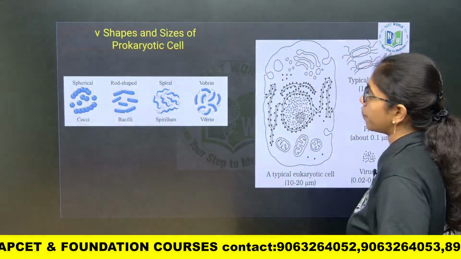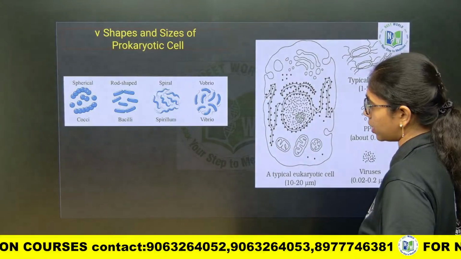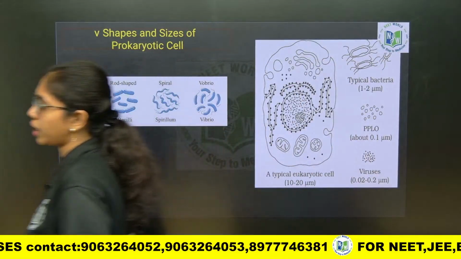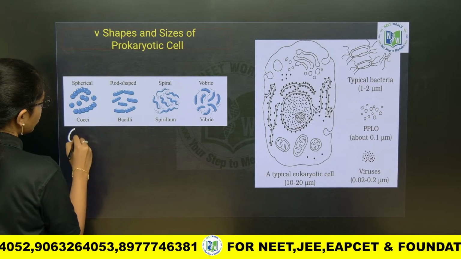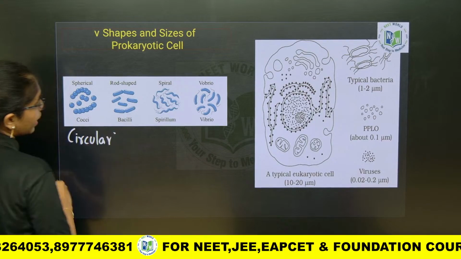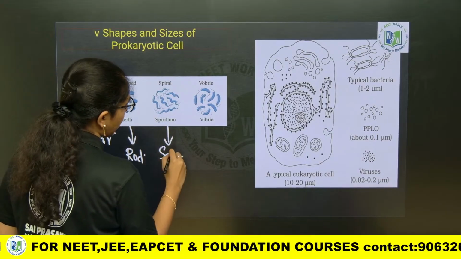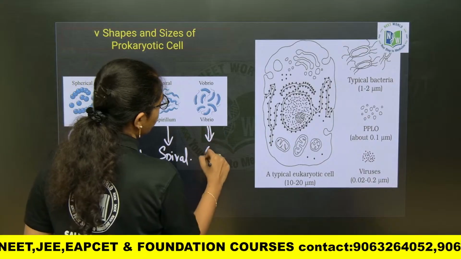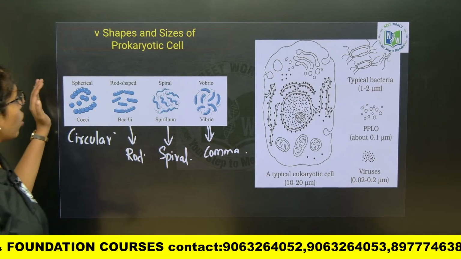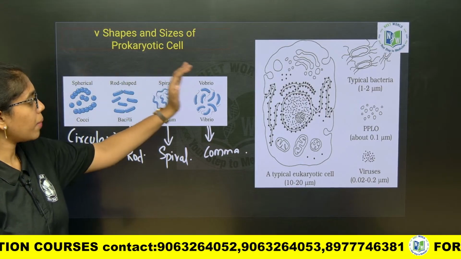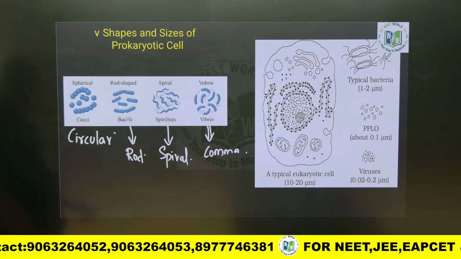Next, based on the shapes, prokaryotic cells are classified into four types: cocci, which is spherical, bacilli, rod shaped, spirillum, spiral shaped, and vibrio, comma shaped bacteria.